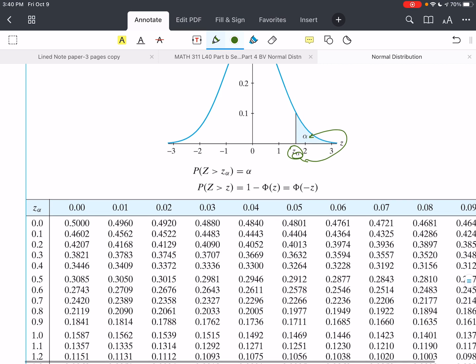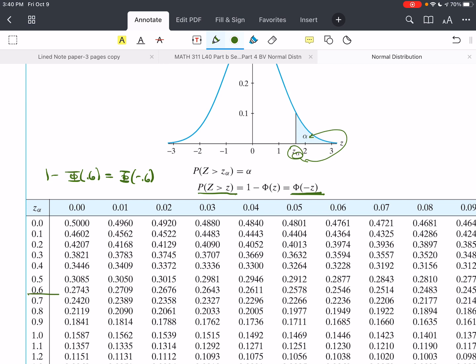So it's also true that the probability that Z is greater than little z is equal to phi of negative z. So if I find 1 minus phi of 0.6, this is equal to phi of negative 0.6.